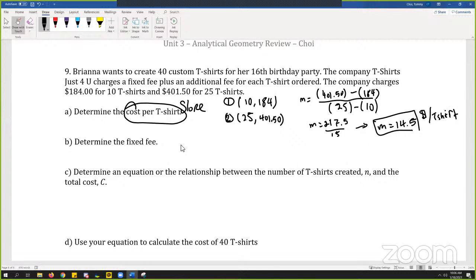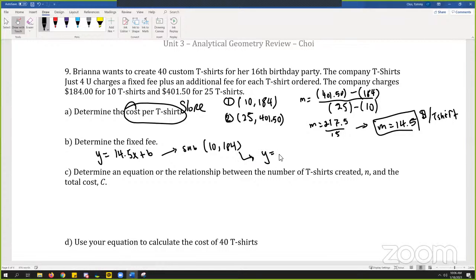Okay? The fixed fee, you need to find it. You have your equation, y equals 14.5x plus b. You can plug in a point. Sub 10, 184. I don't have space to solve it. I'm sorry. I should have made more space for you guys.